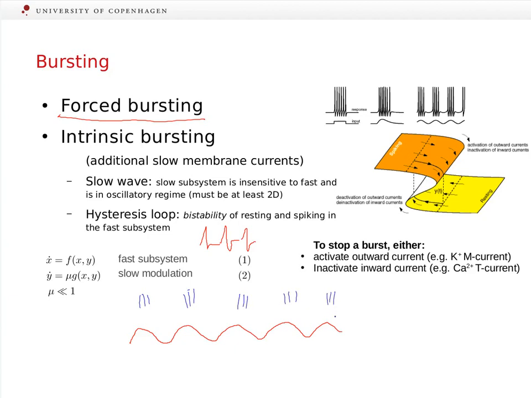Or if there is a bistability of resting and spiking states in the fast subsystem, like in the saddle node off invariant circle or subcritical Andronov-Hopf bifurcation, then the slow subsystem can form a hysteresis loop and lead to transitions between spiking and non-spiking.